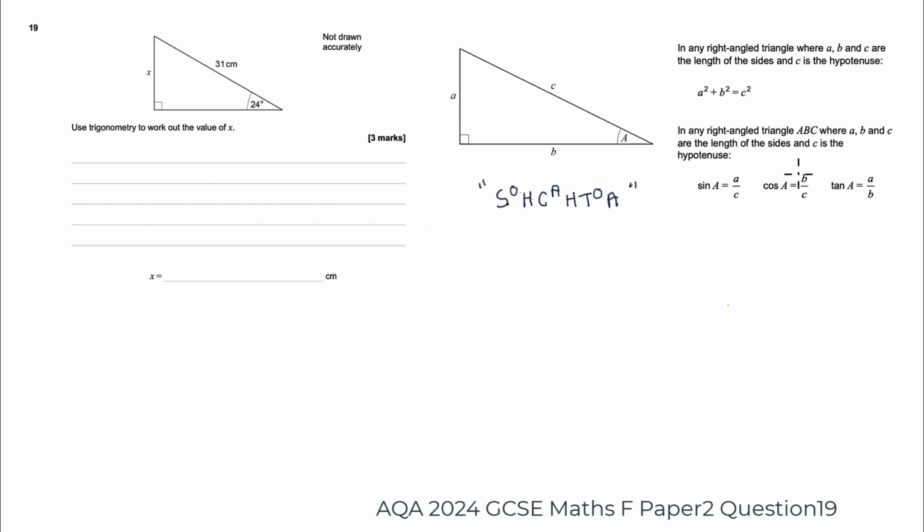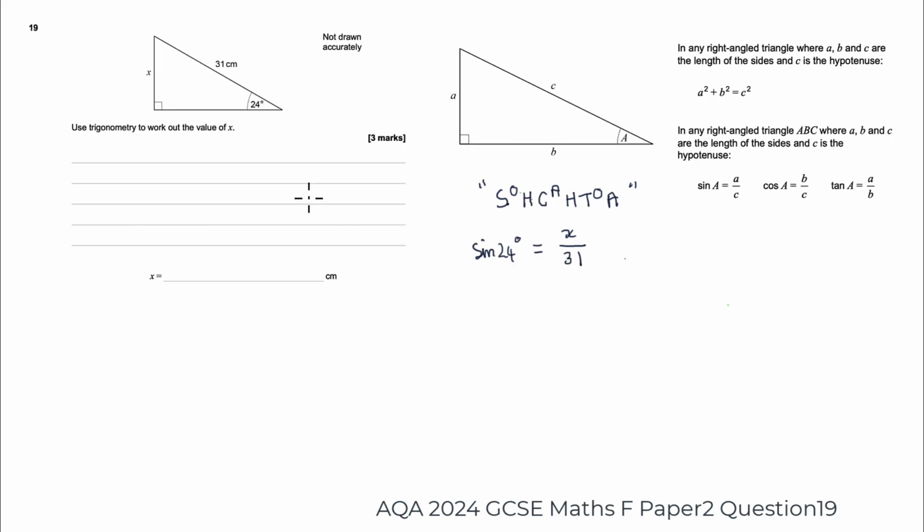If you're using your formula sheet, there's A over C. That would involve the sine. So we can write down the sine of 24 degrees is the opposite, which is x, divided by the hypotenuse, which is 31.